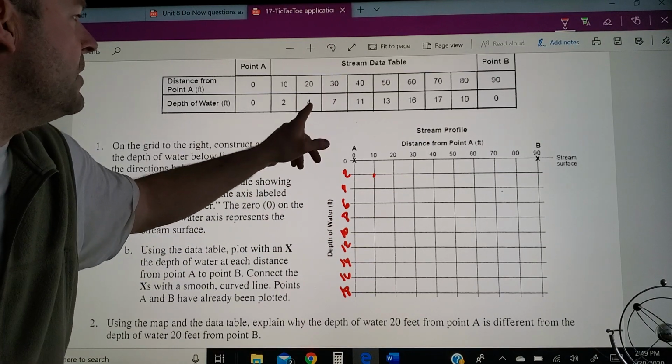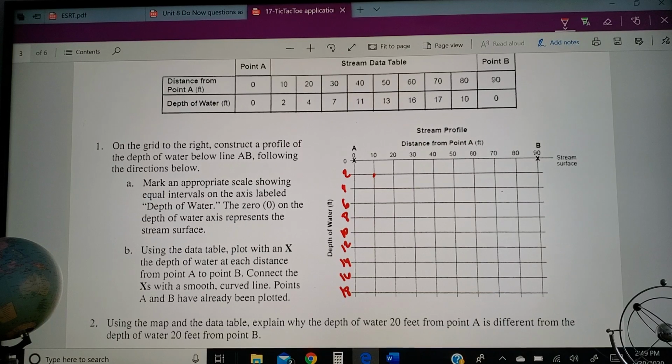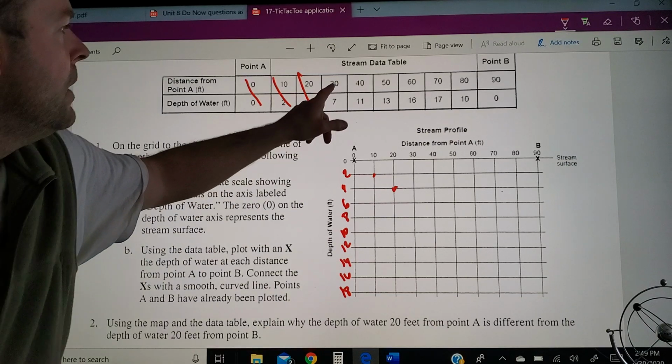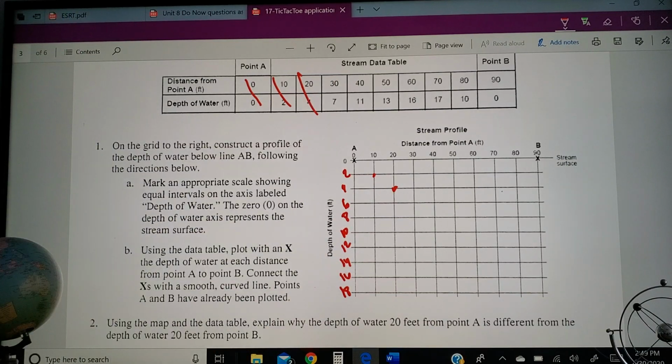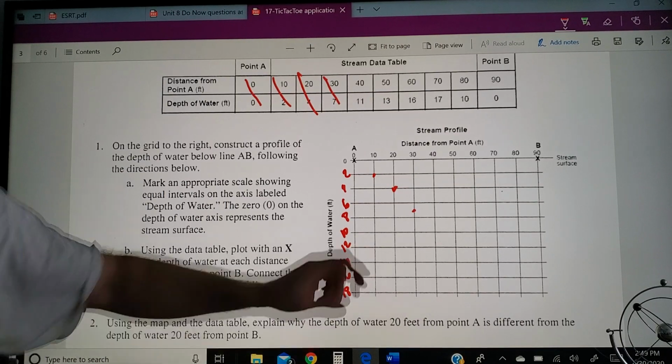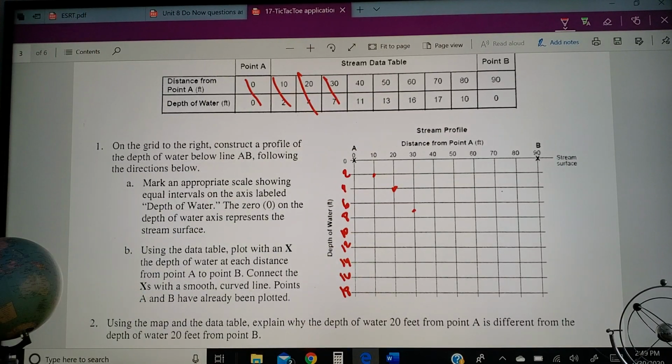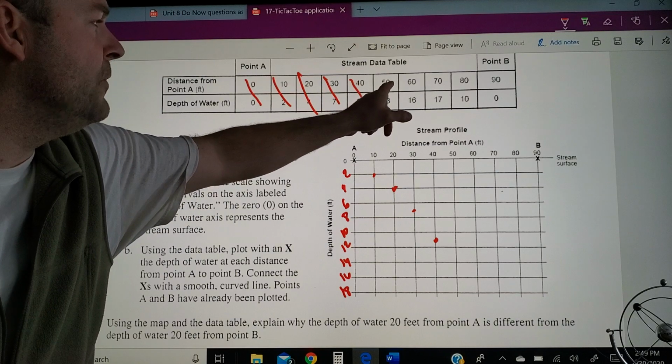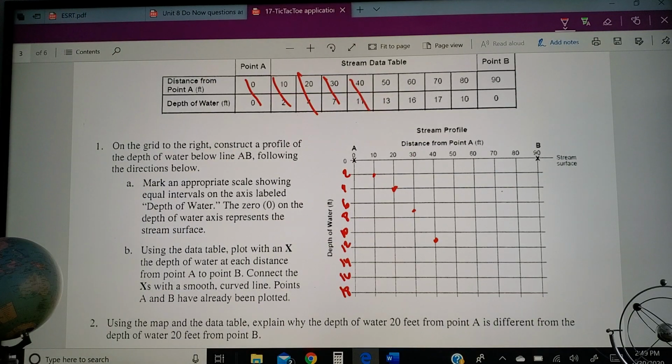Then you got 20 down to 4 is here, and I'll cross these out as we go. 30 down to 7 is around here. 40, 11 brings you around here. Notice I'm crossing them out as I go so I don't get confused. 50, 13 here.